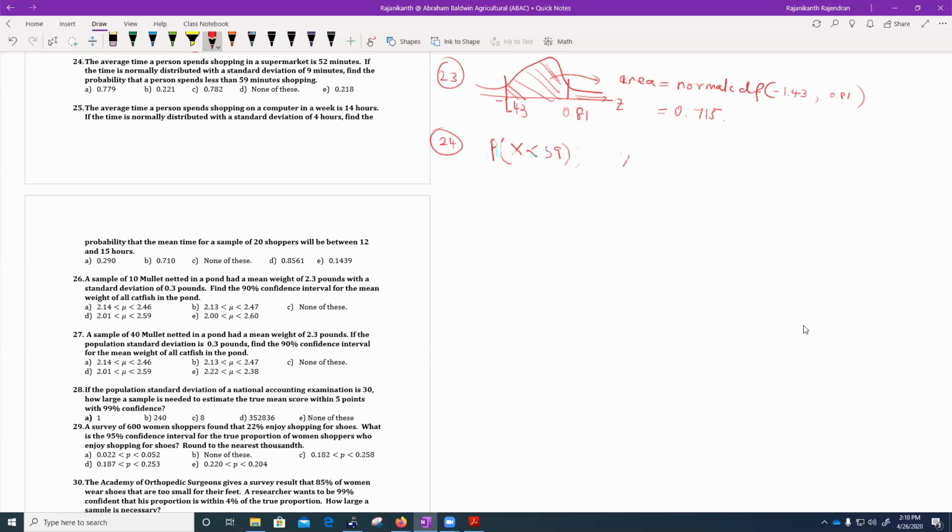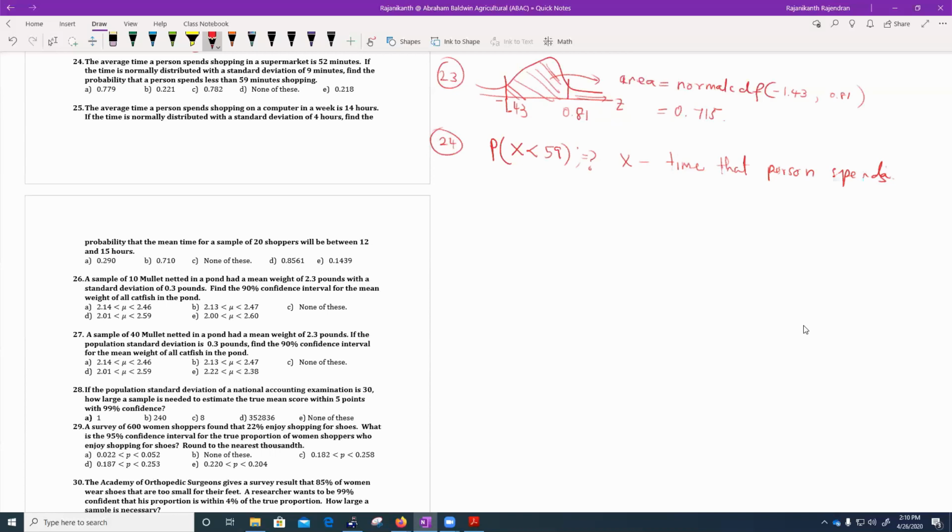Here my variable x is the time the person spends, right? Okay, so now we are asked to find this probability.